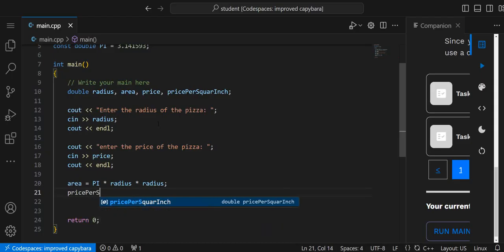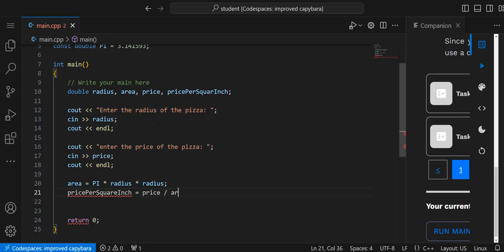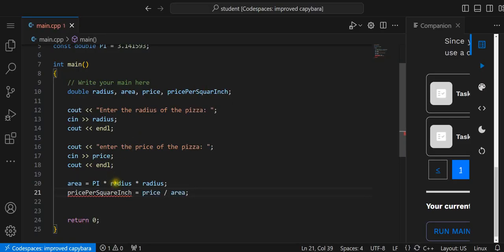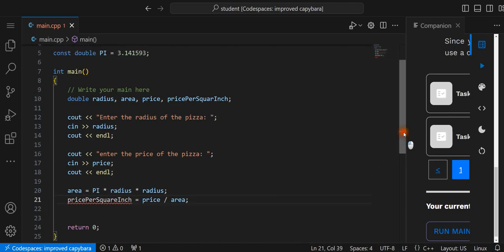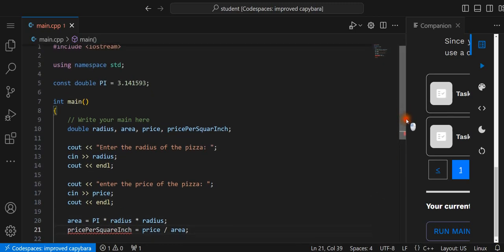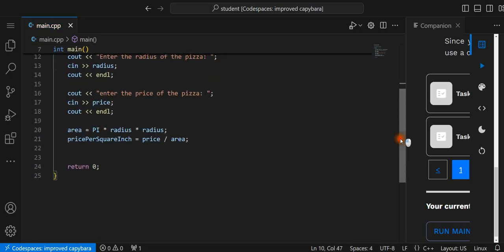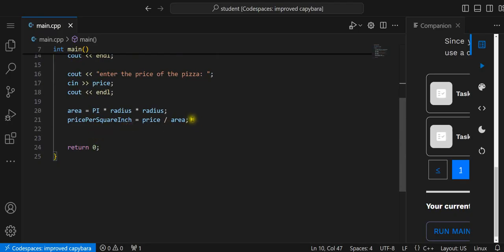Price per square inch equals price divided by area. Got price per square inch. So I must have got that wrong up here. Price per square inch, left out the E. So if you don't declare it right, it gives you that error, and it's cleared up.